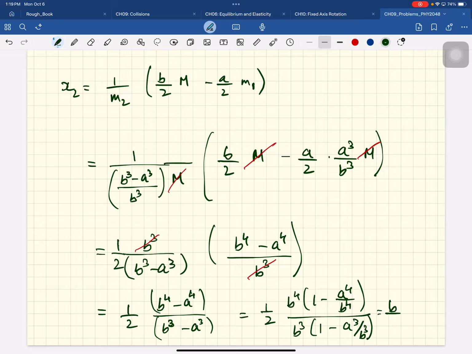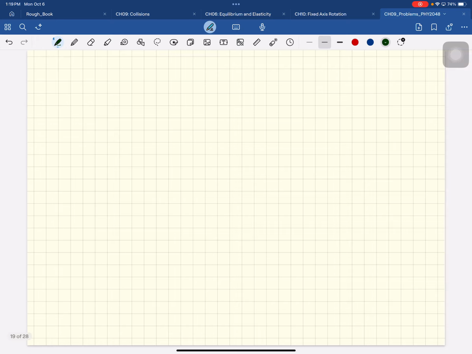So this is equal to B by 2 times (1 minus A^4/B^4) over (1 minus A^3/B^3). So this is X2. What are Y2 and Z2? Same. So X2 equals Y2 equals Z2 equals B by 2 times that factor.